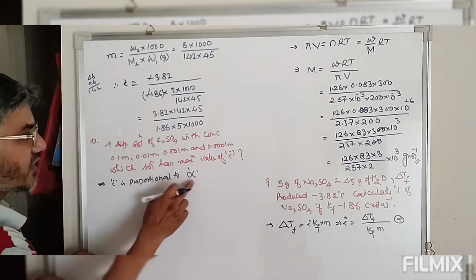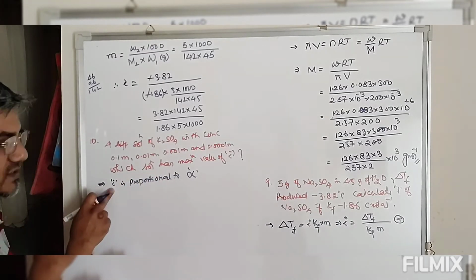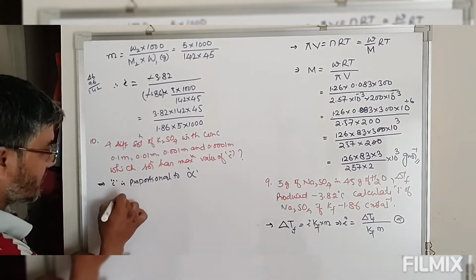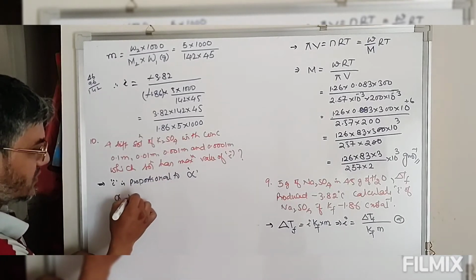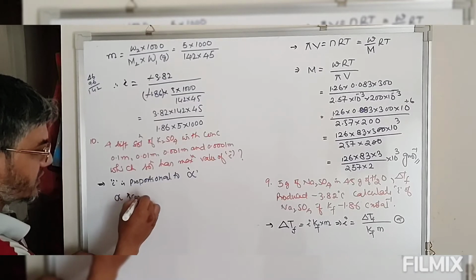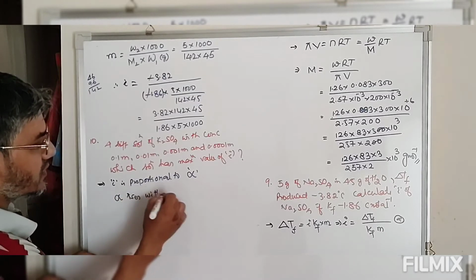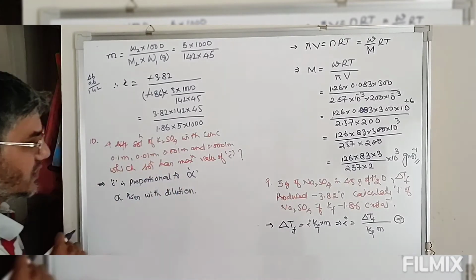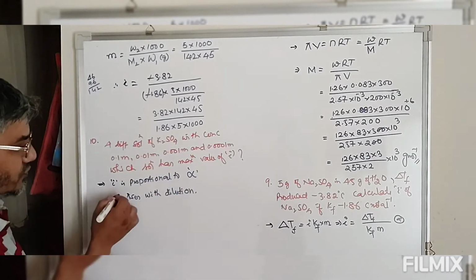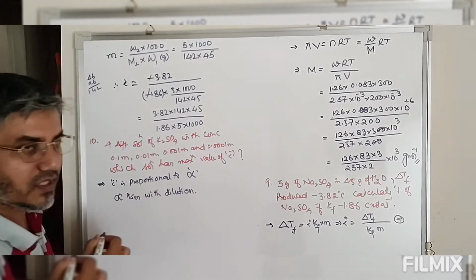So as the alpha increases, I value will increase. Degree of dissociation increases with dilution. That means as the concentration decreases, degree of dissociation of electrolyte also increases.